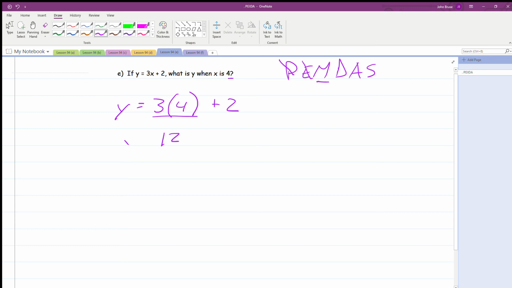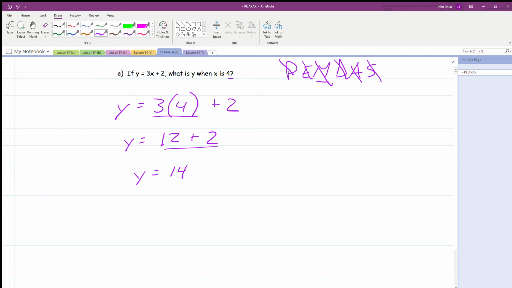So y equals 3 times 4 is 12, plus 2. So we've done the multiplication. There's no division. There is an addition problem right here. So we got y equals 14. And there's no subtraction. So our answer is y equals 14. And we can plug that in and make sure that it all works, because we know that x is 4 and we know y is 14.